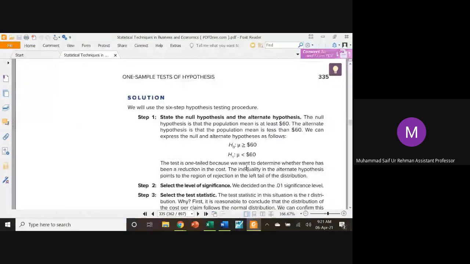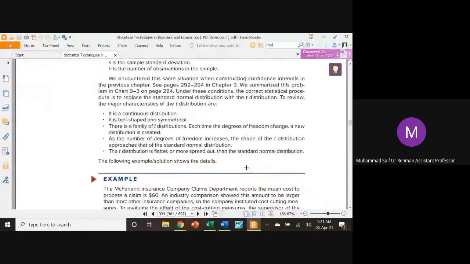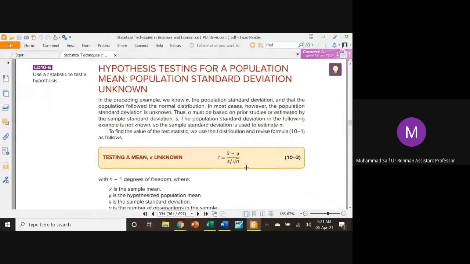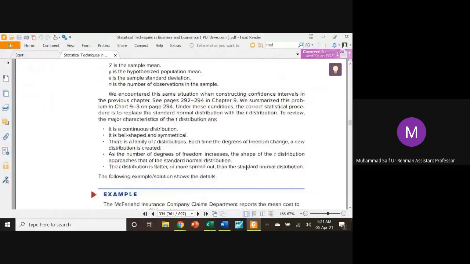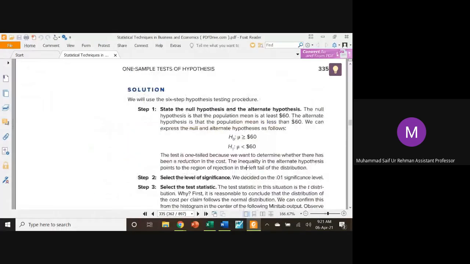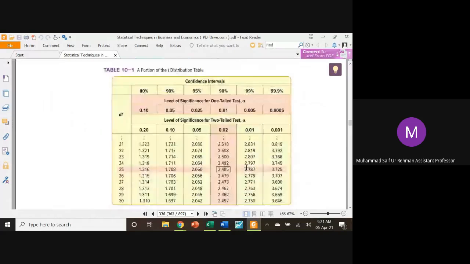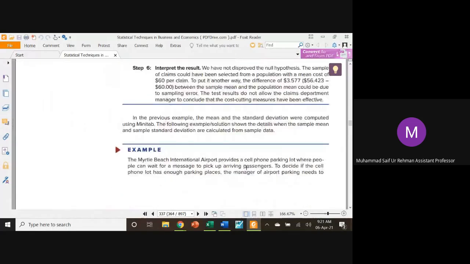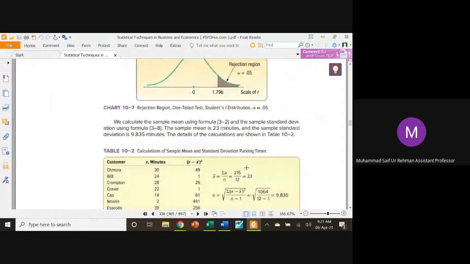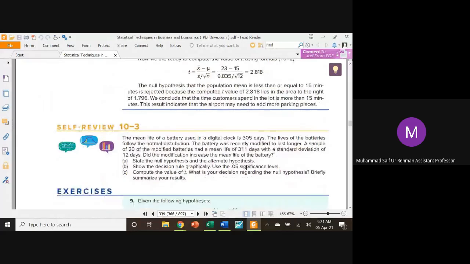Where will you use the equality sign? In these questions, all questions are one-tailed.